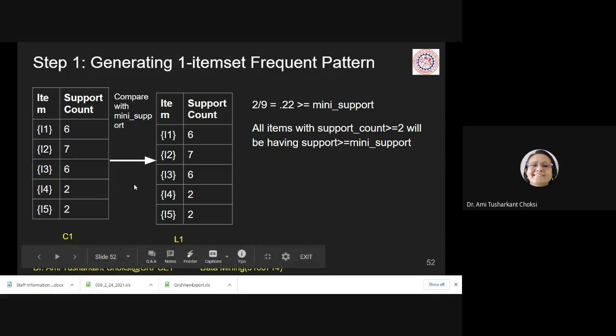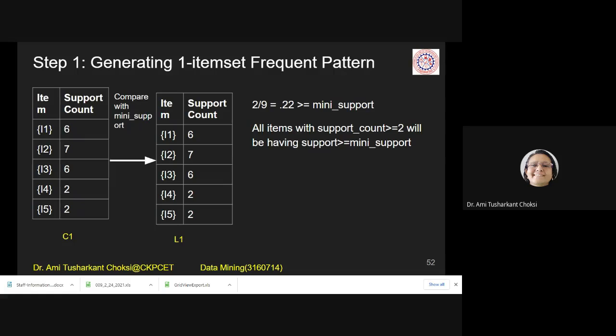Now what to do? Compare with the minimum support. Whatever support we have counted here is the support count, isn't it? Now for that, we need to check against the minimum support. We have already said that a support count of 2 is the minimum support, in the problem statement.